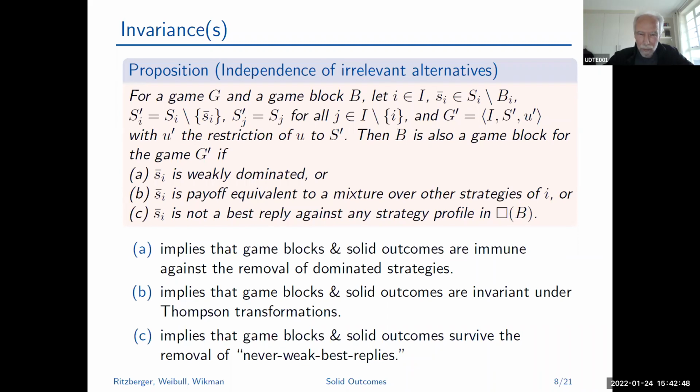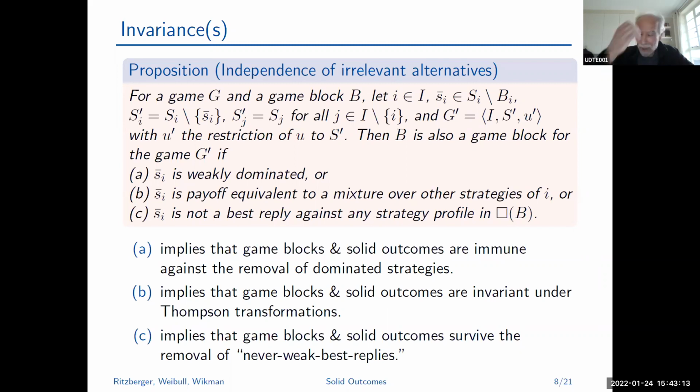The second one implies that game blocks and solid outcomes are invariant to the extensive form representation of the game. Because it means that a solid outcome and the game block, or a minimal game block, only depend on the purely reduced normal form of the game.